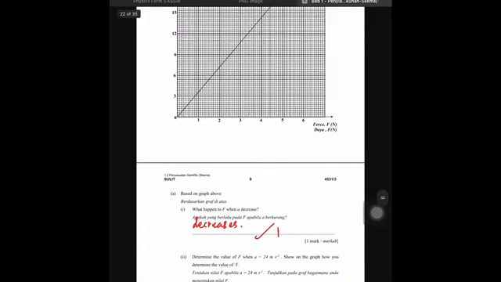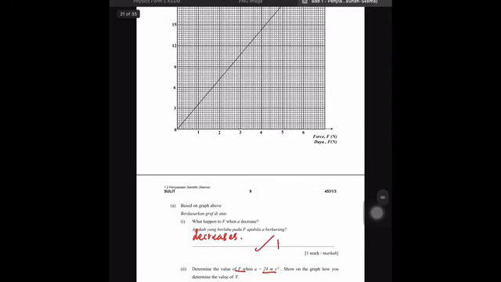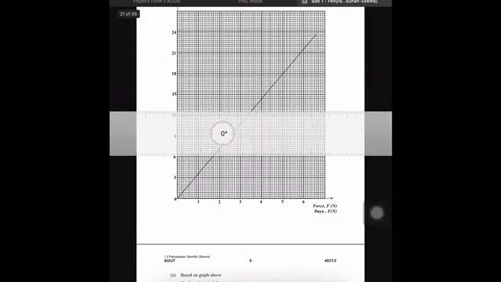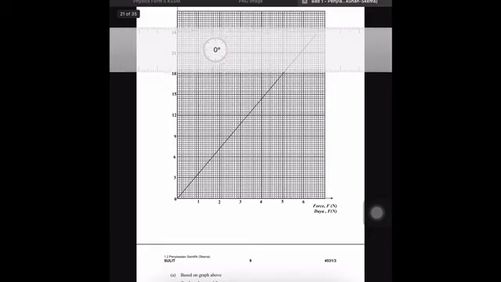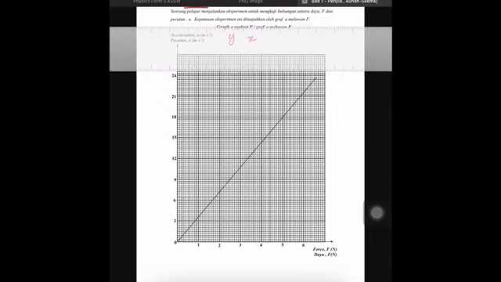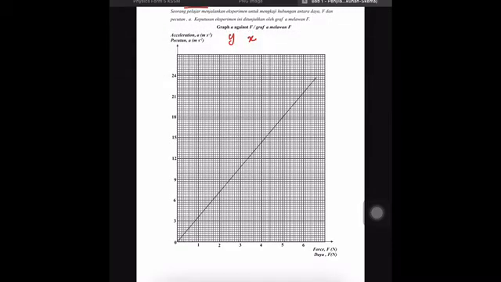Determine the value of f when a is 24 meter per second. So you see 24 here. Is this your answer? If you notice, it is not reaching, right?